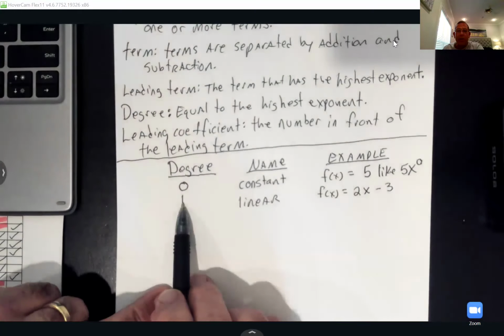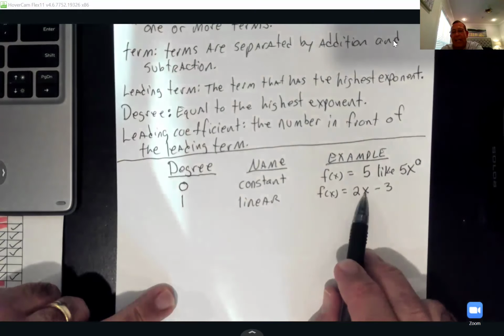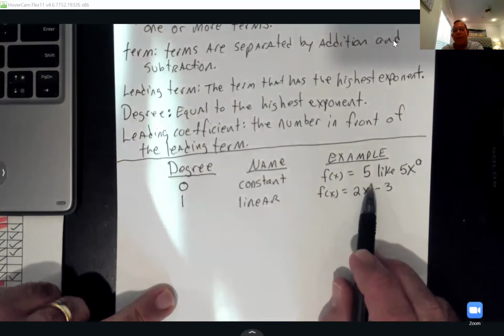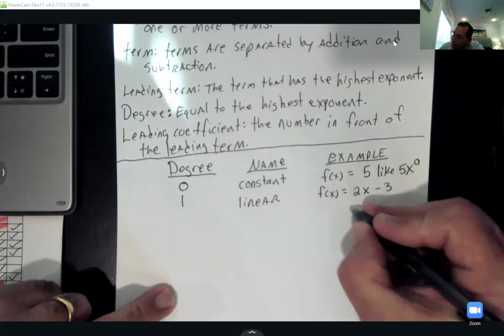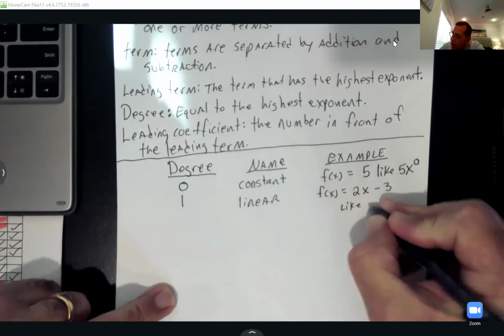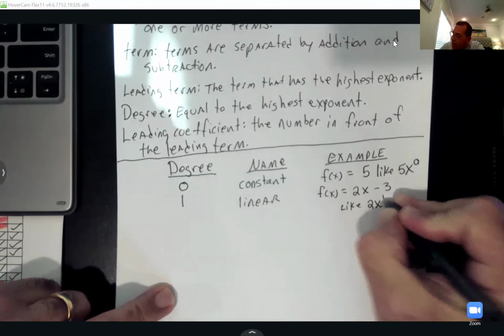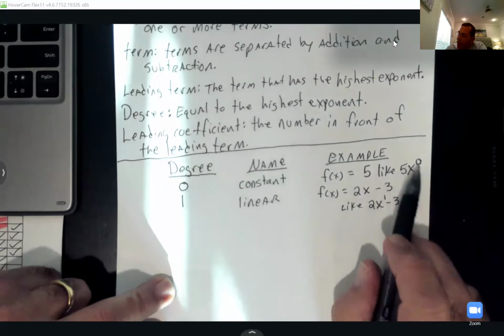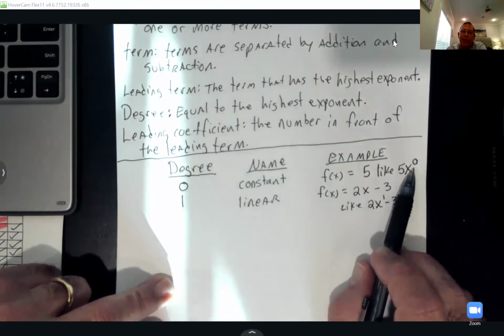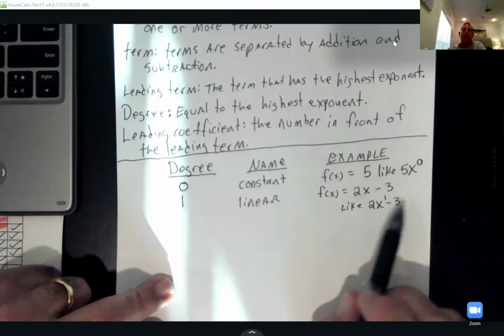Now remember, the degree is 1 because when I don't write an exponent after that variable, we treat it like a 1. Okay? So that would be like 2x to the first minus 3. So you got a few hidden exponents on the 0 degree and the first degree, okay?